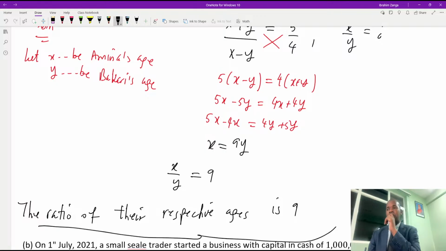The ratio of their respective ages is 9, and that is the solution for the bonus question we had in this session. So that is actually more than enough. We have managed to solve question number 5b, then 6c, a and b, and we solved question number 7a. And so that is all for today's session.